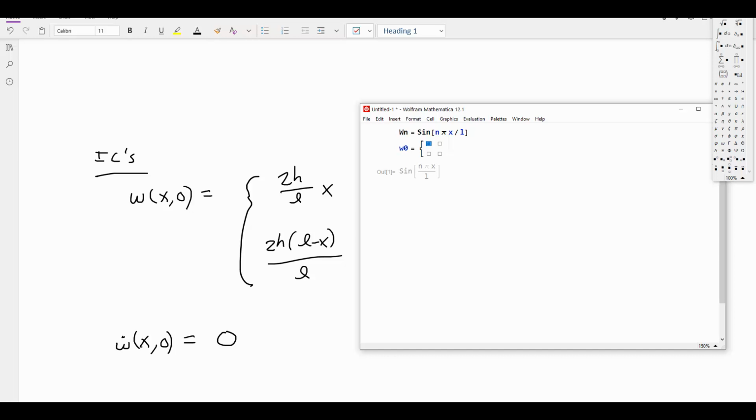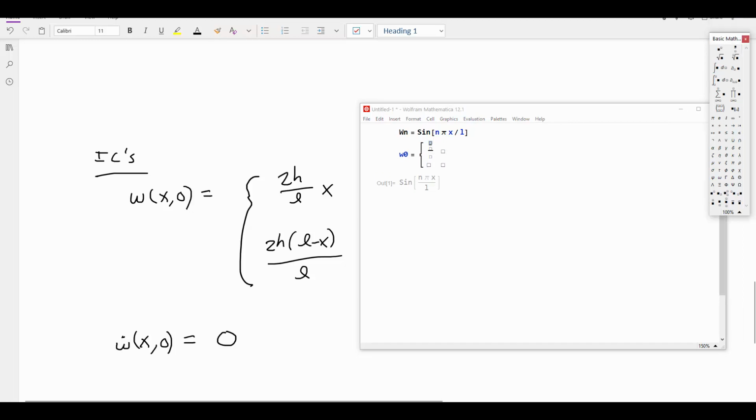So for W0, the first piece of it, using this, is going to be 2h over little l times x, and that is good for 0 to x less than L over 2.